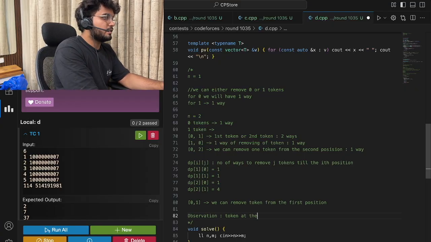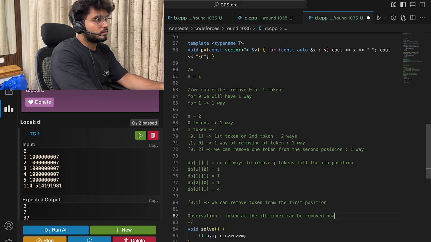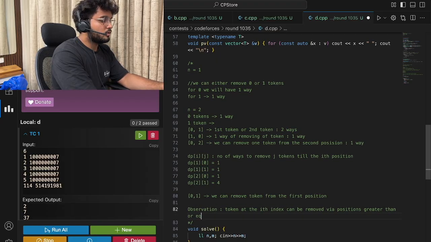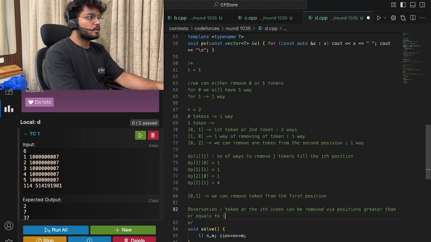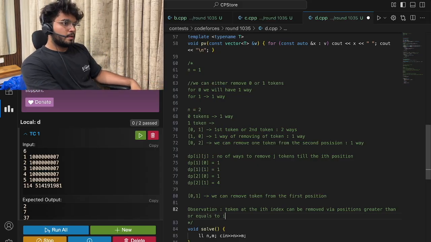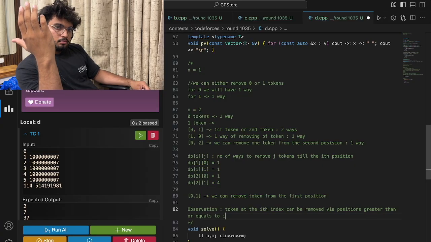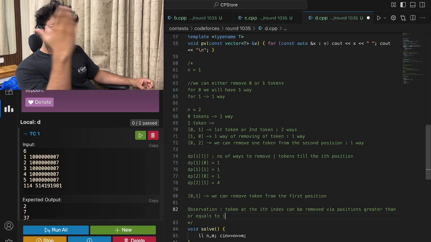The token at the ith index can be removed via positions greater than or equal to i, right? A token at the fifth position can be removed by index 7, right? Because 7 can have values 0 to 7.